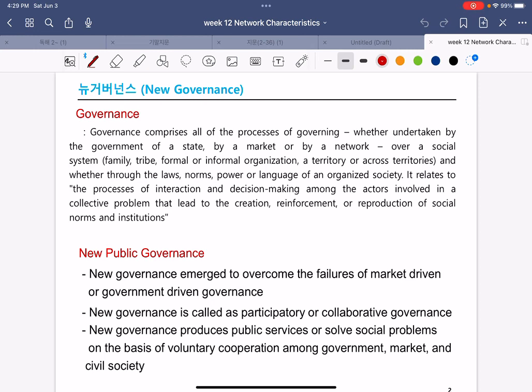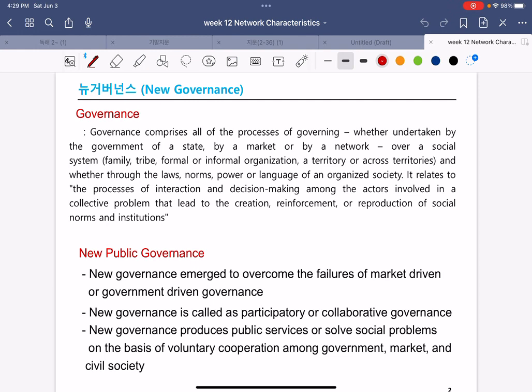Also, based upon the content, it is the process. It is the process of the interaction and decision making among a variety of actors involved in the network through cooperative and collective actions, right?